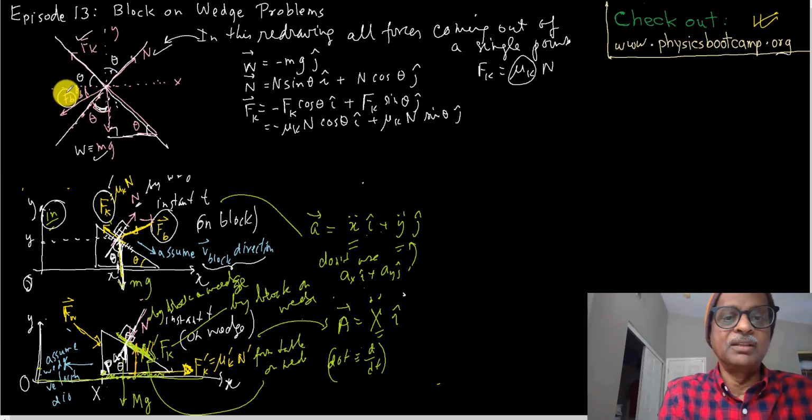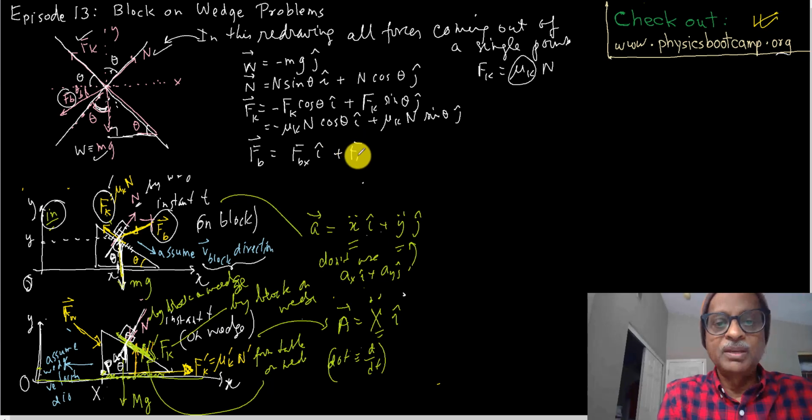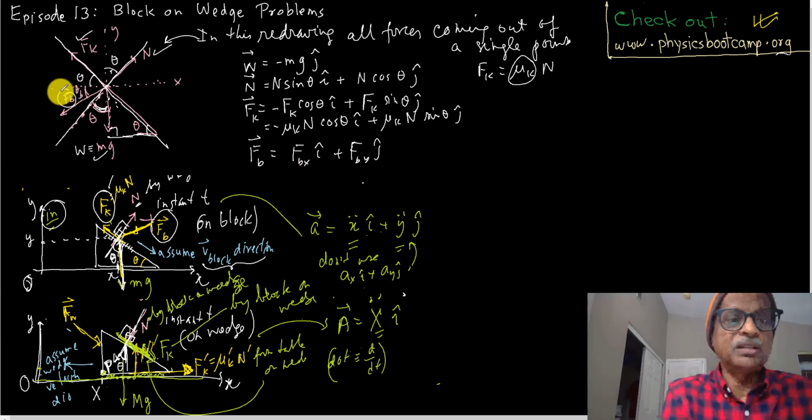So only FB remaining. For FB, I'm just going to write down FBx I hat plus FBy j hat, and I don't need to convert to theta b, but we can always convert. Over here FBx and FBy both will be negative: minus FB cosine theta b, and FBy will be minus FB sine theta b.